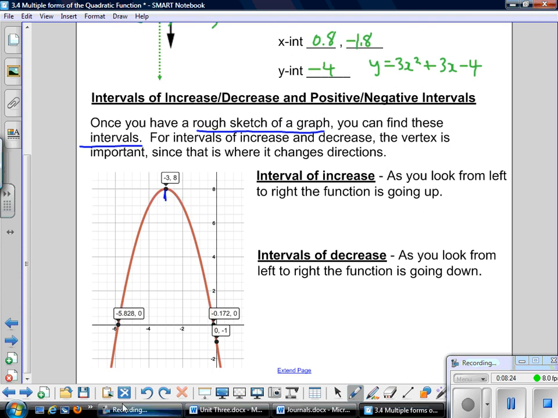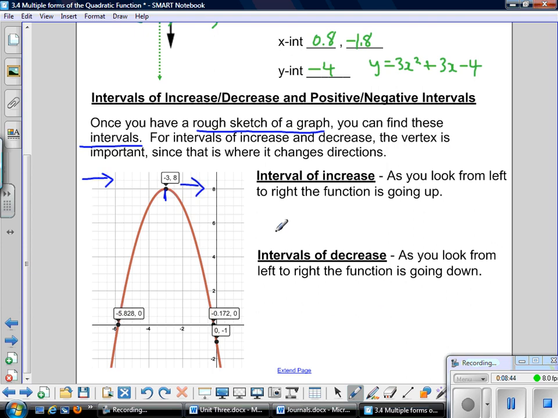It's where things change. So the interval of increase, as you look from left to right, so when I'm looking this way, the function is going up. Okay, you can see as I'm going, it's going up. When I go from left to right here, you can see that it's going down.